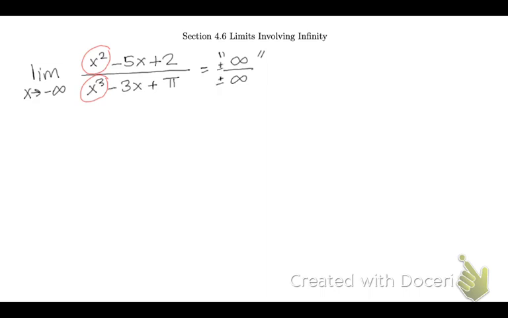All right, but in any case, you don't really have to figure out whether it's plus or minus infinity because our trick is going to be the same. When you have something going to infinity on top and bottom, you're just going to divide by the highest power in the denominator. And it has to be the highest power in the denominator or else the trick does not get the job done. Okay, so we're going to divide everybody in this problem by x cubed.